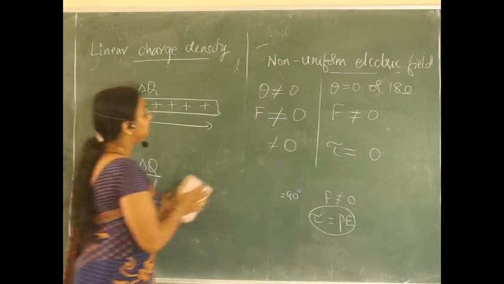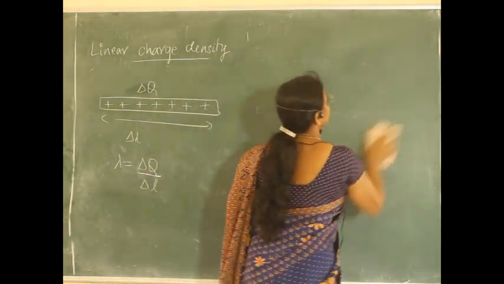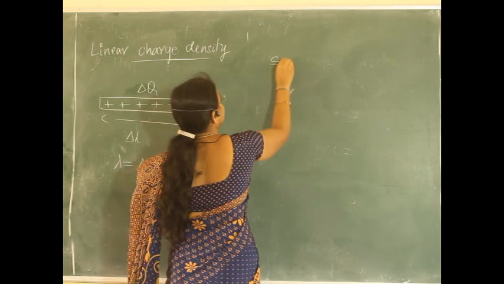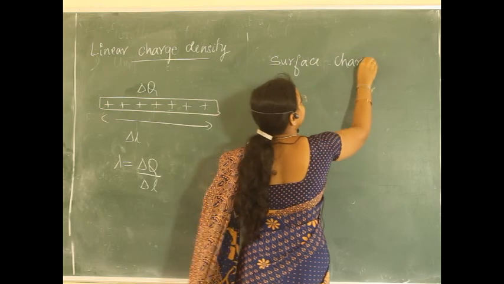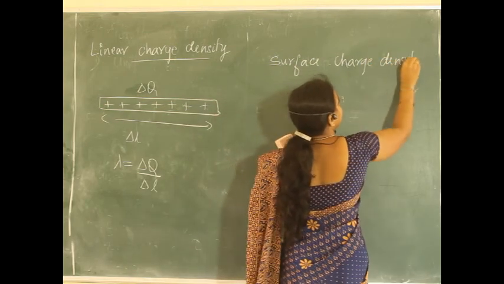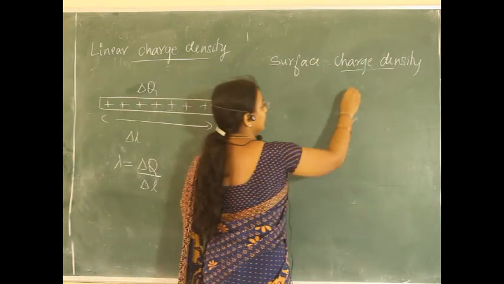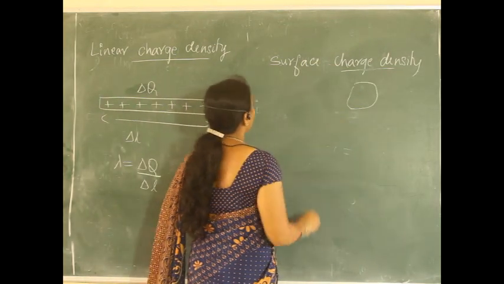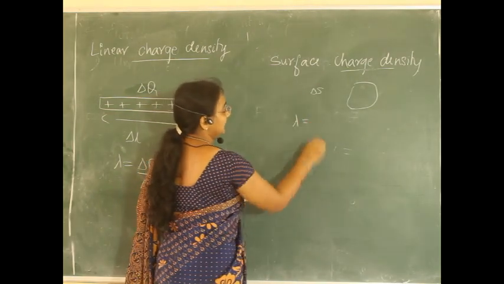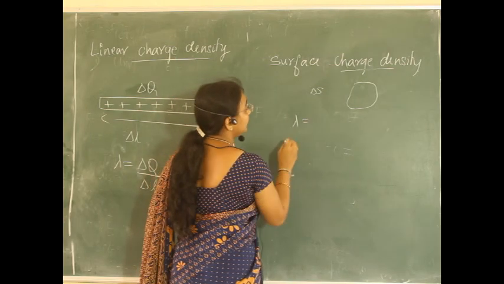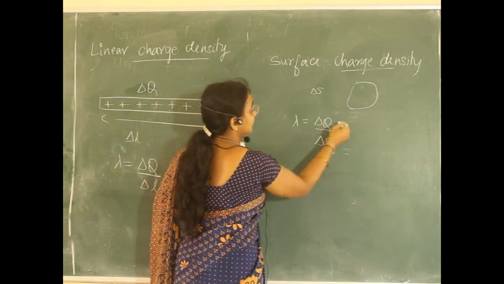One more concept we have finished is surface charge density. In this, you have considered one surface having area delta S. Then surface charge density is nothing but charge per unit surface area.